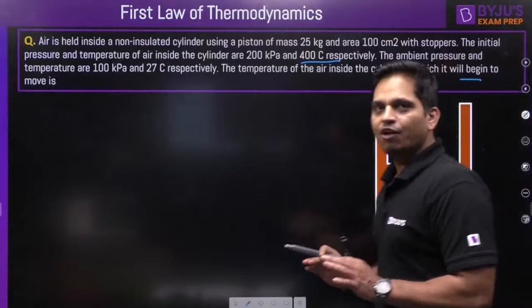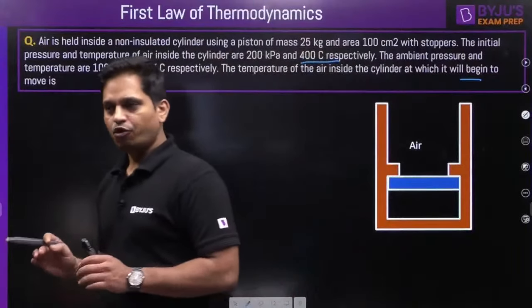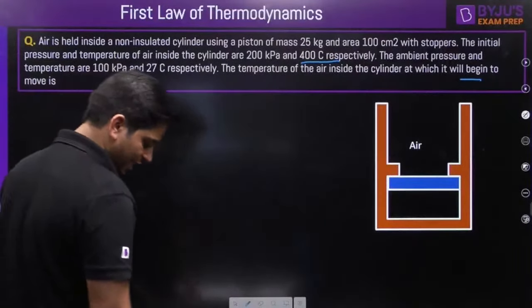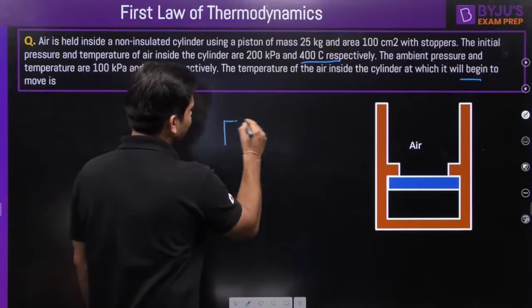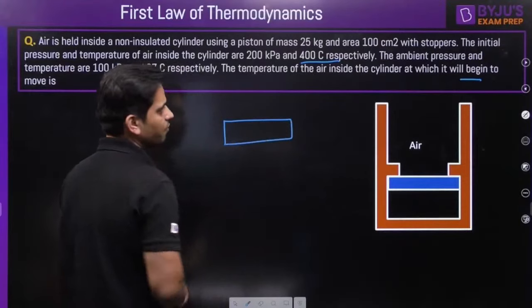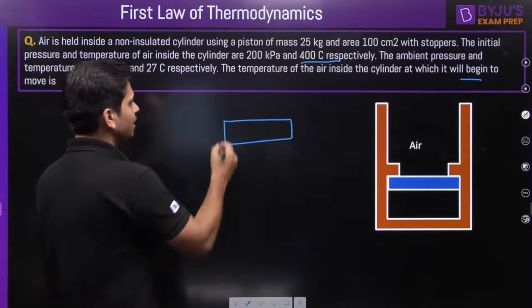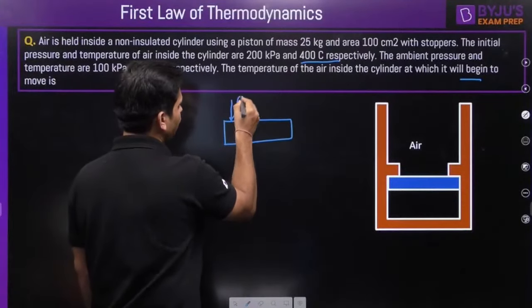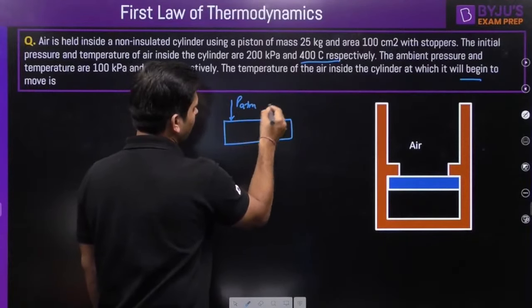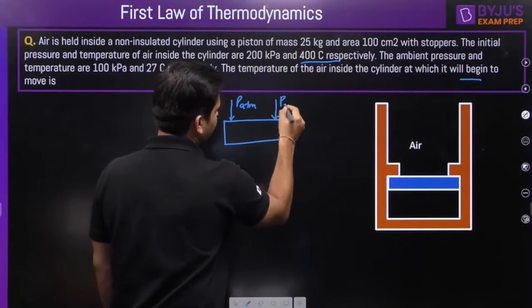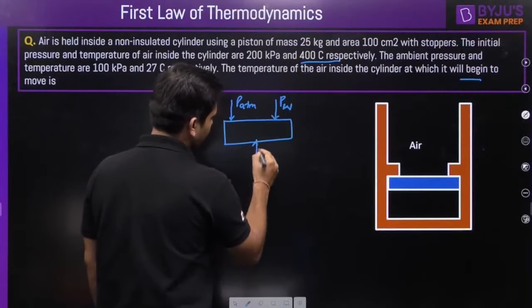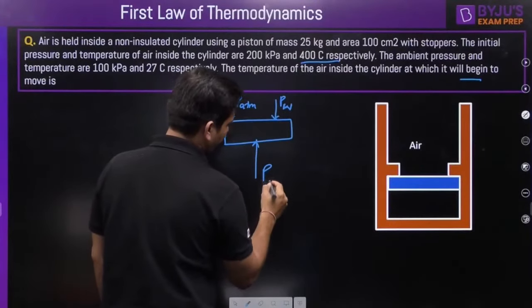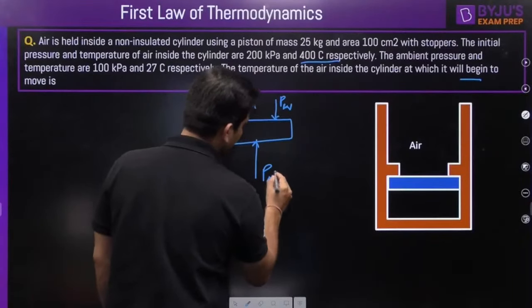Let me give you some idea what you have to do, and you try this on your own, okay? And we will discuss that tomorrow. Now you see, when this piston is wherever it is, there is some atmospheric pressure working on it, and body weight, okay? And here it is air pressure.